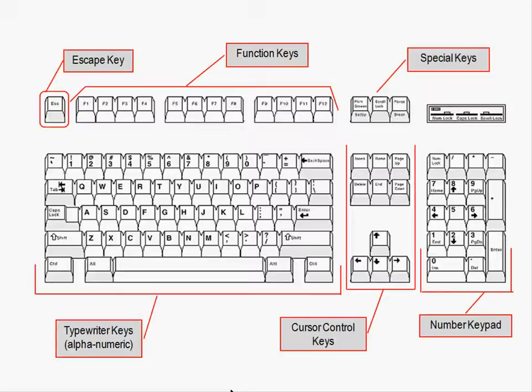And just like regular old-fashioned typewriters, pressing the Shift key, and you'll find Shift keys on the lower left and lower right side of the keyboard, those Shift keys enable you to make capital letters out of the regular letters of the alphabet, or if there's two commands on a key, pressing Shift will allow you to type the upper command. For instance, if you wanted to type a $ sign, you would press Shift and then press the number 4 at the very top where the $ sign is.